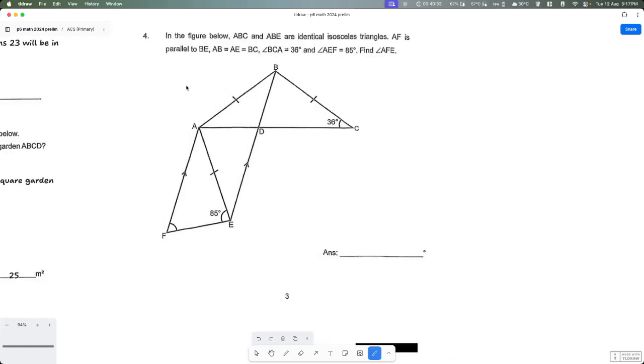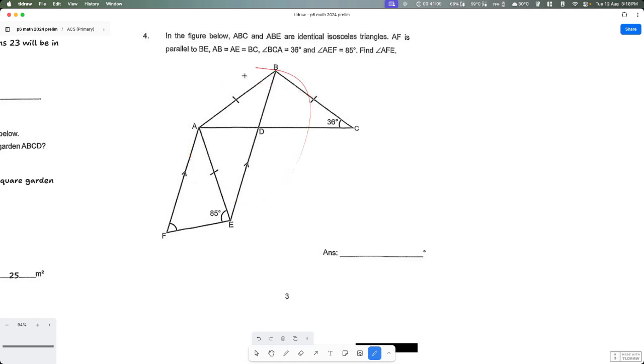Question number 4. It says here, in the figure below, ABC and ABE are identical isosceles triangles. So ABC and ABE are the same isosceles triangle. AF is parallel to BE, and AB is equal to AE, which is equal to BC.